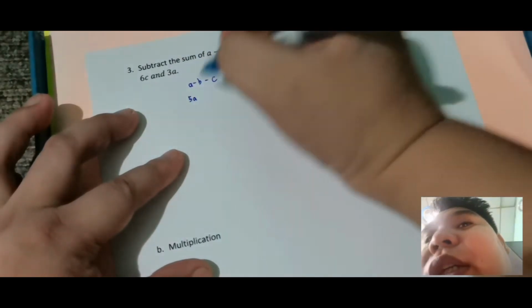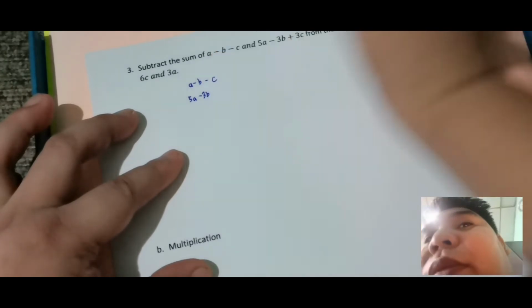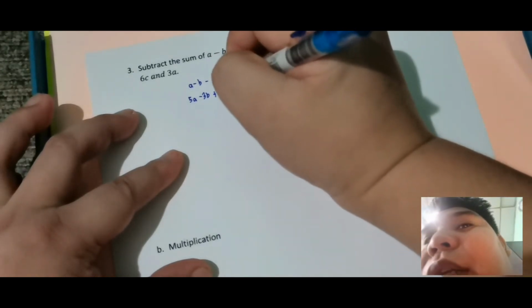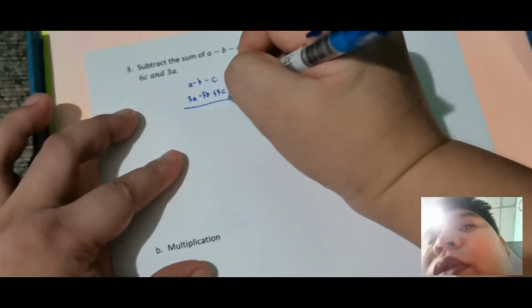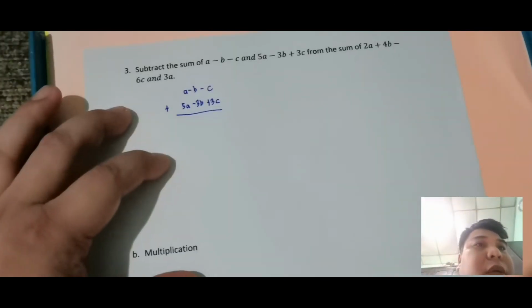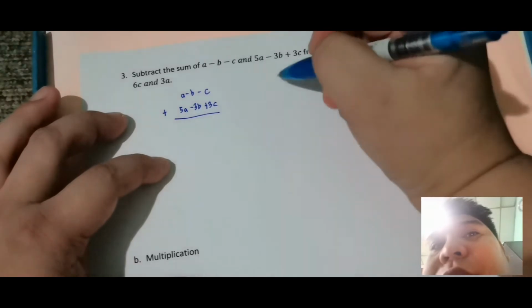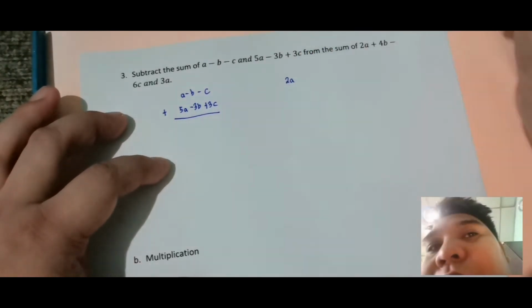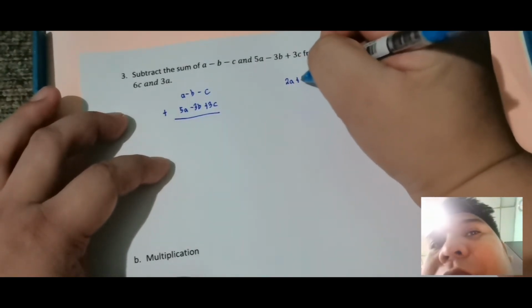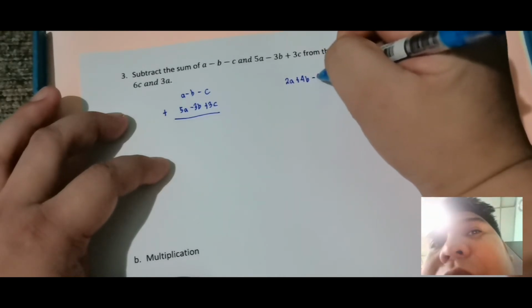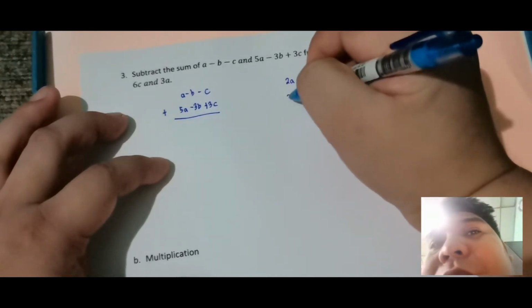So, that is 5a minus 3b plus 3c. Kunin ko yung sum. Okay, next. O, sa kabilang part, that is 2a plus 4b, okay, minus 6c, then plus 3a.